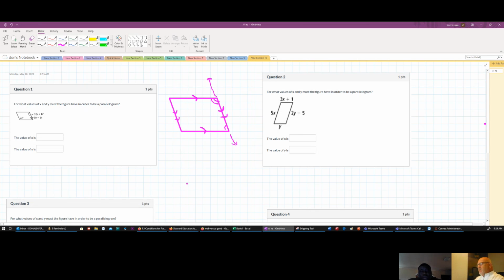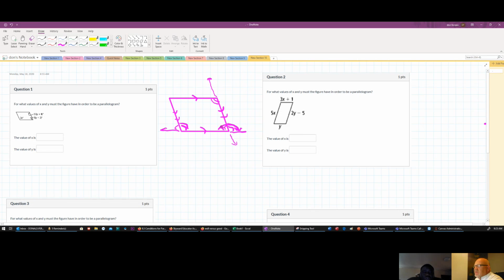And then same thing here. If this line was to continue on, we know that this angle and this angle would be congruent, and then this angle here and this angle here would be congruent. And again, the angle of a straight line is 180.